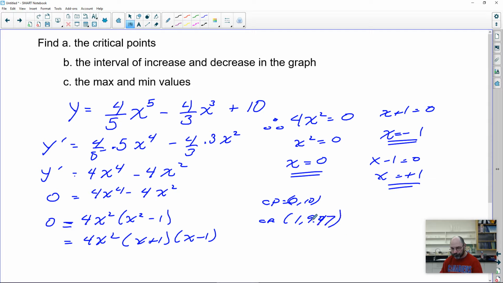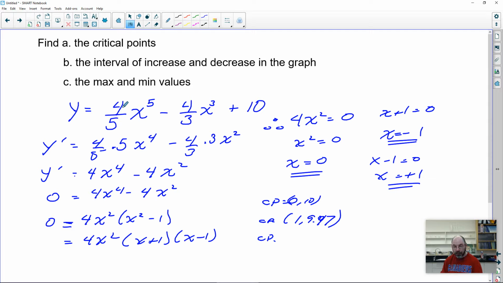And if we put a negative 1 in there for our third critical point, okay, so let's plug it in. Negative 1 to the 5th is negative 1. So negative 4/5 plus 4/3. So negative 4/5 plus 4 divided by 3.